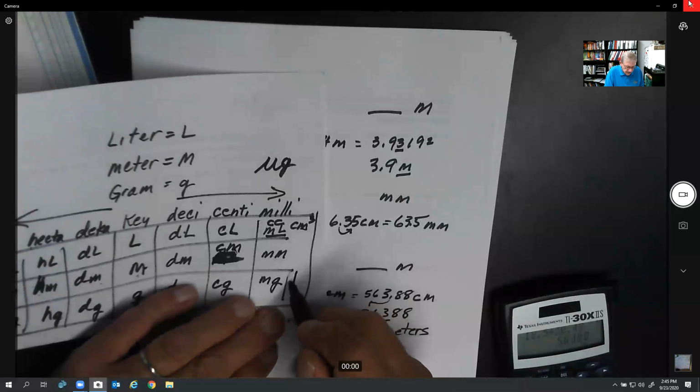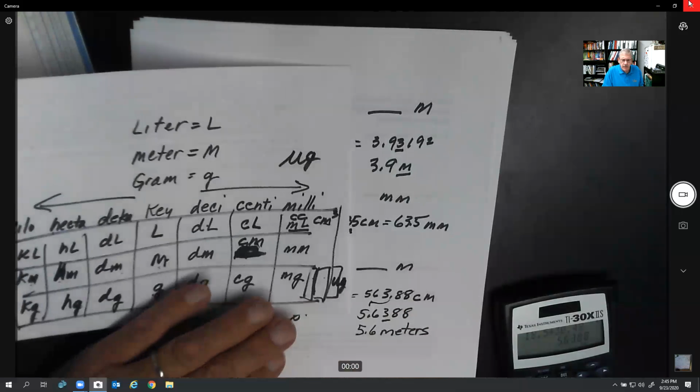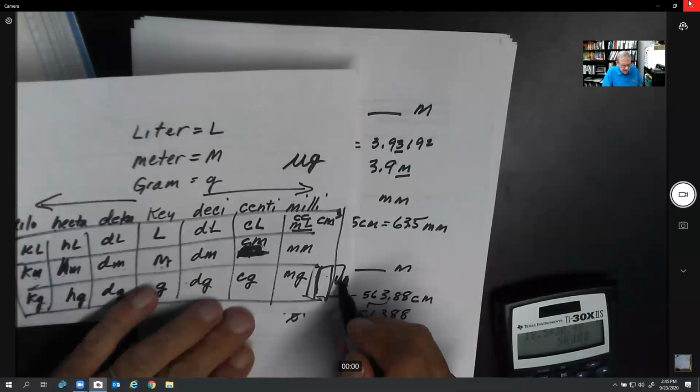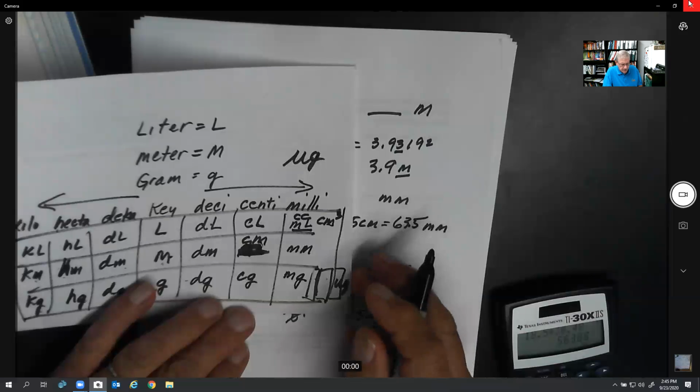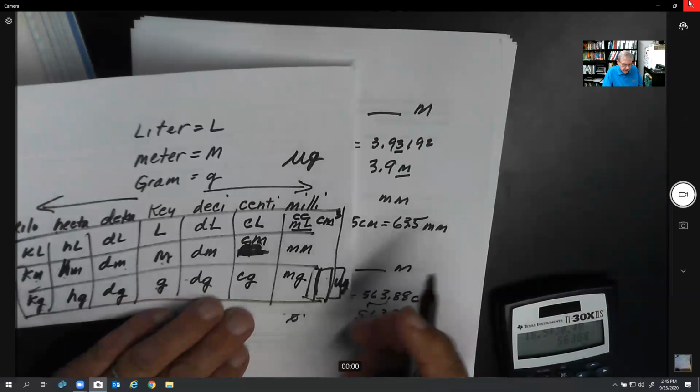And the third box, 1, 2, 3. And this would be your microgram. You do use it sometimes because it takes 1,000 micrograms just to make a milligram, and a milligram is pretty small. So it would take a lot of them to make a gram. Okay.